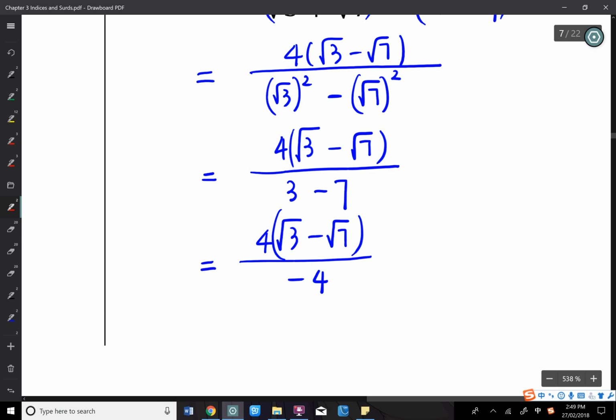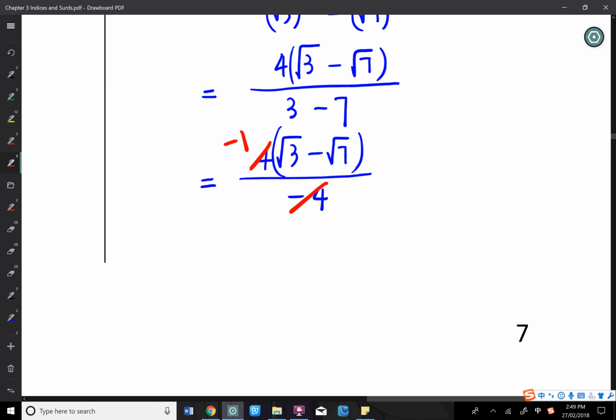So 3 minus 7 will give you a minus 4. So this minus 4 and this 4 will get cancelled and you have a minus 1. So the denominator just becomes 1. And then the numerator is just negative 1 times root 3 minus root 7. That will be negative root 3 plus root 7. Then we expand here.